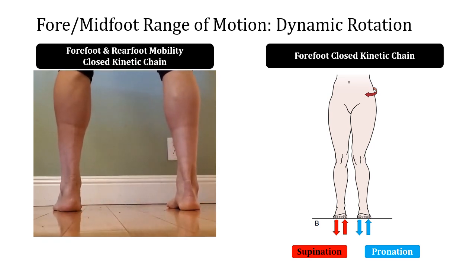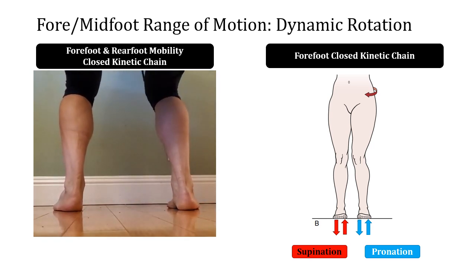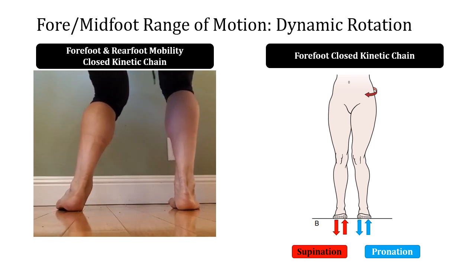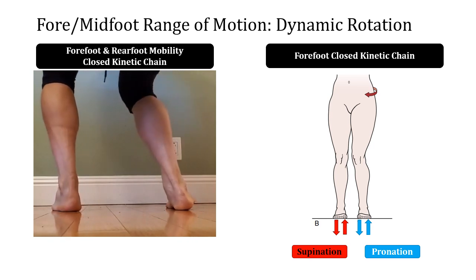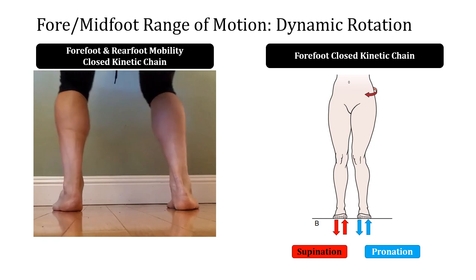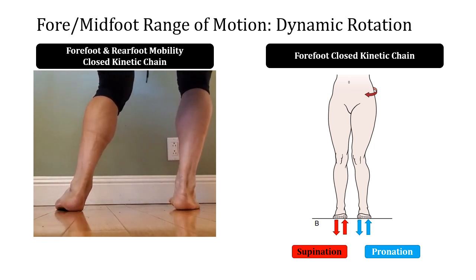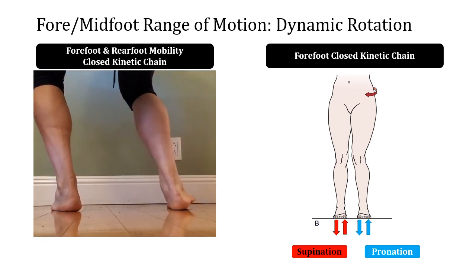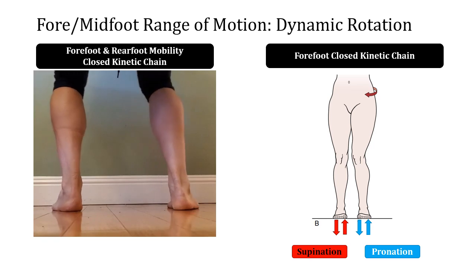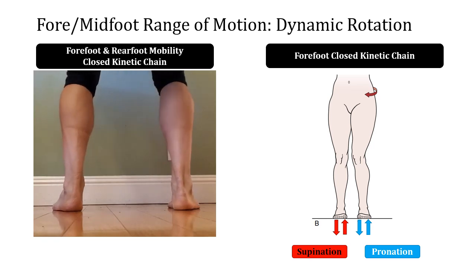And then I usually have them turn around and they will do it the same from the rear foot. So you can get an appreciation as to whether someone's able to get into the reciprocal and symmetrical inversion and eversion that you would expect based off what your findings were on the table during the open kinetic chain assessment.